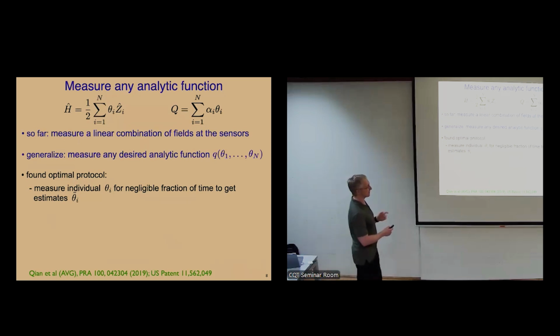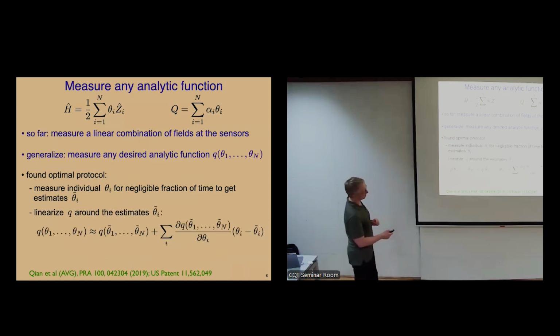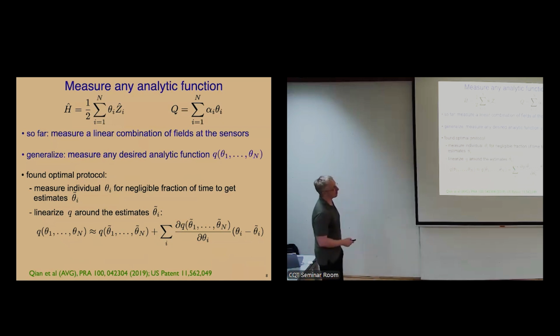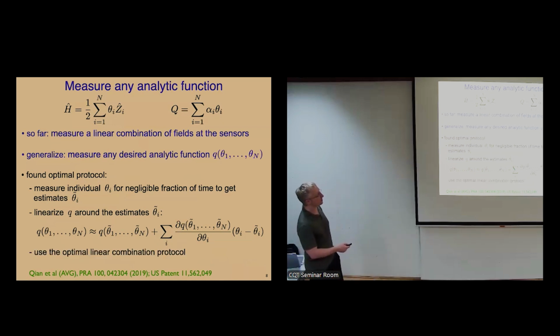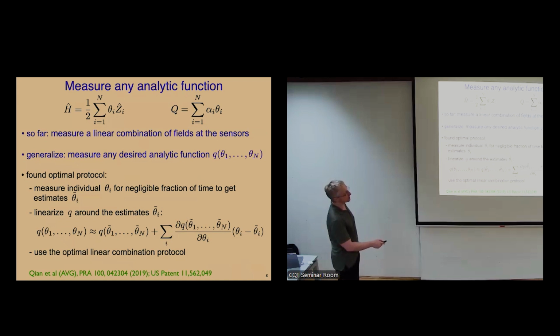Then you get estimates theta tilde i, and then you Taylor expand this function to linear order around these estimates. So there's q at the estimates, plus the first order Taylor expansion. Then you can use the optimal linear combination protocol to measure this linear coefficient. And if you choose this negligible fraction of time sufficiently cleverly, then the higher order contributions will be asymptotically negligible. This turns out to be the optimal protocol.